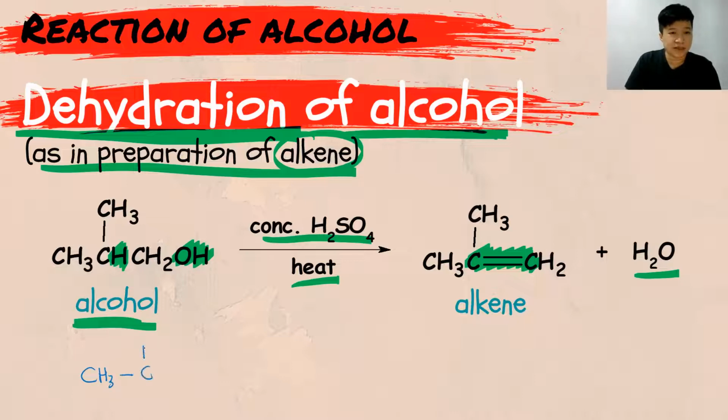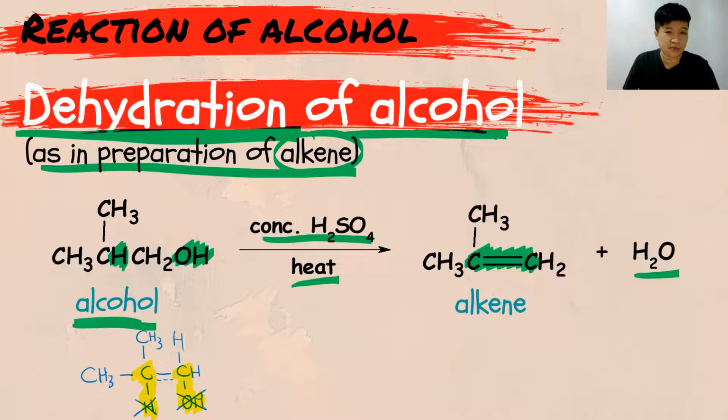Expand the carbon that is holding the OH and also the neighboring carbon, the carbon that sits next to it. So this is the carbon that is holding the OH. This is the carbon sitting next to it and holding an H. And what we do is, we remove the OH, we remove the H. So this is the new bond that forms.